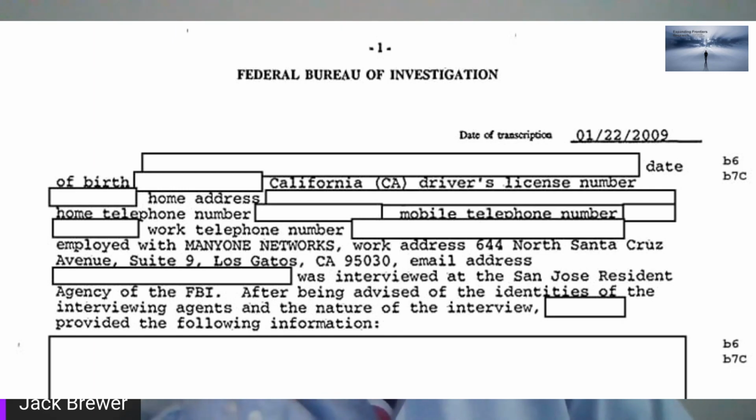And I will post this document as well. It's a 2-page document in this PDF that the FBI provided.